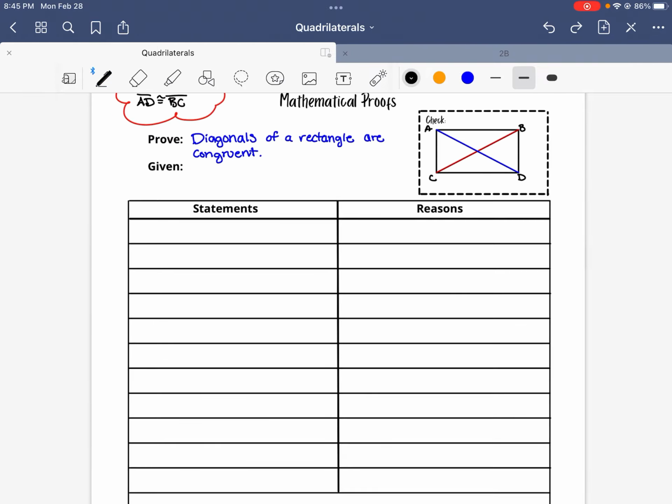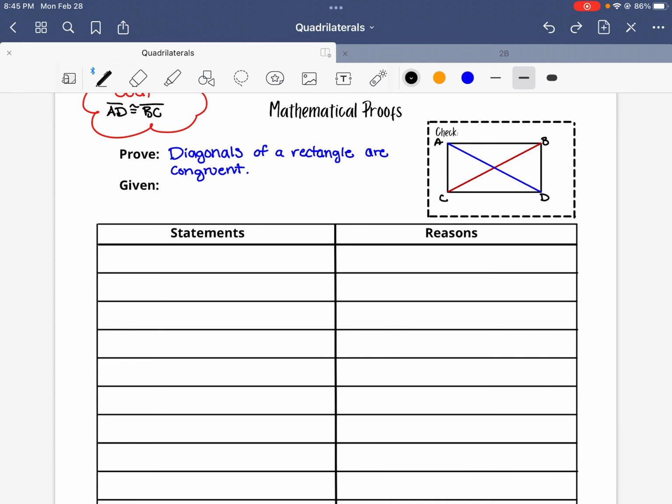So I'm going to assume that ABCD is a rectangle. And my reasons, I guess you can say that this is a given or you can leave it blank because again, we're just trying to paint a picture, okay?